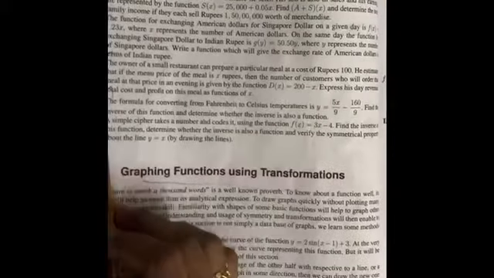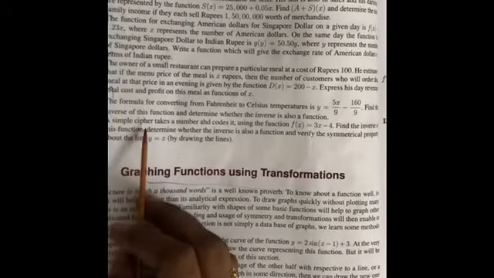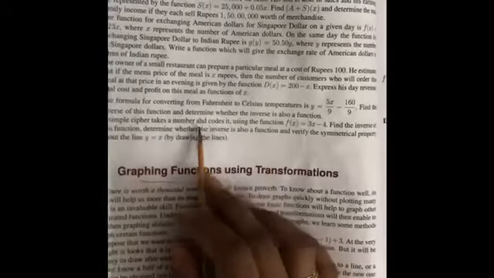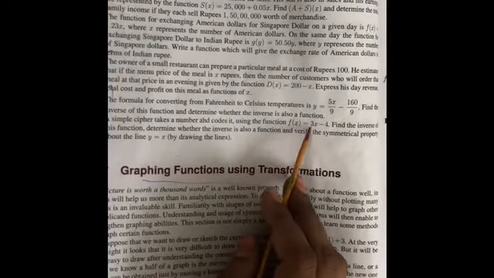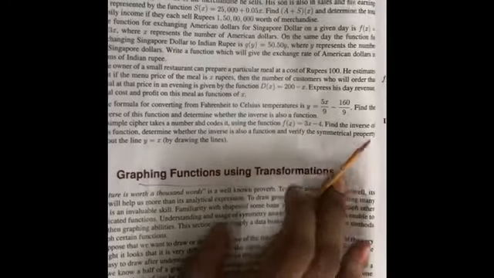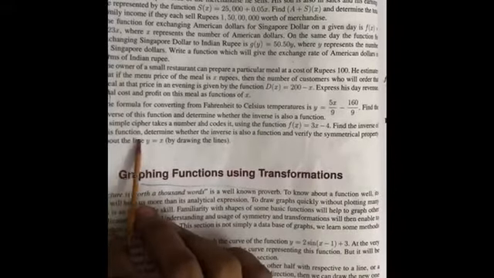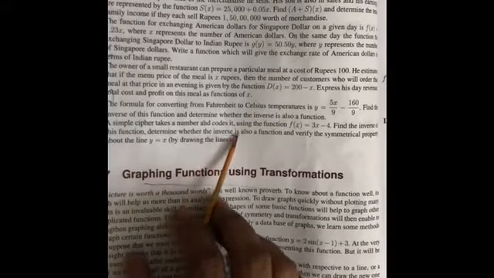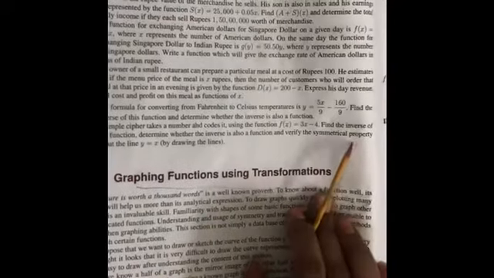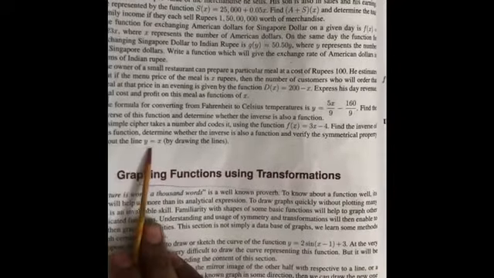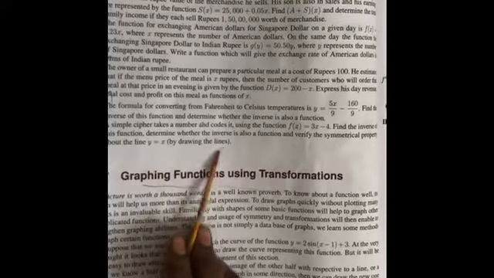20th question. A simple cipher takes a number and codes it using the function f of x is equal to 3x minus 4. Find the inverse of this function. Determine whether the inverse is also a function and verify the symmetrical property about the line y is equal to x by drawing the lines.